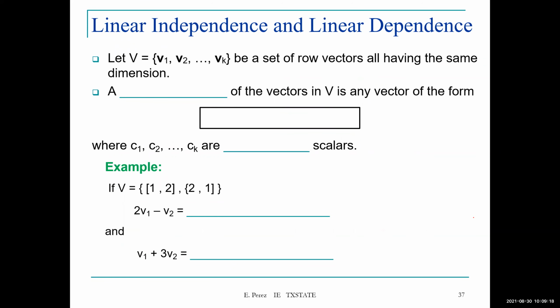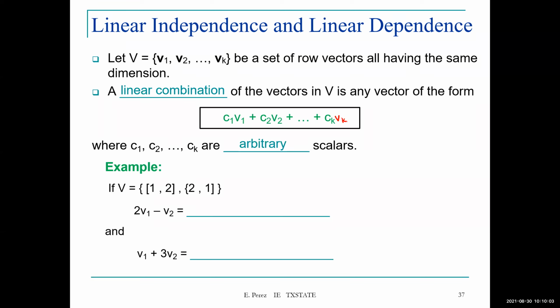If we have a set of vectors, in this case a set of row vectors all having the same dimension, so they have the same size, a linear combination of the vectors in this set B is any vector of the form C1 times B1 plus C2 times B2 up to CK times BK, where C1, C2 up to CK are any scalars. So these are values, positive or negative.